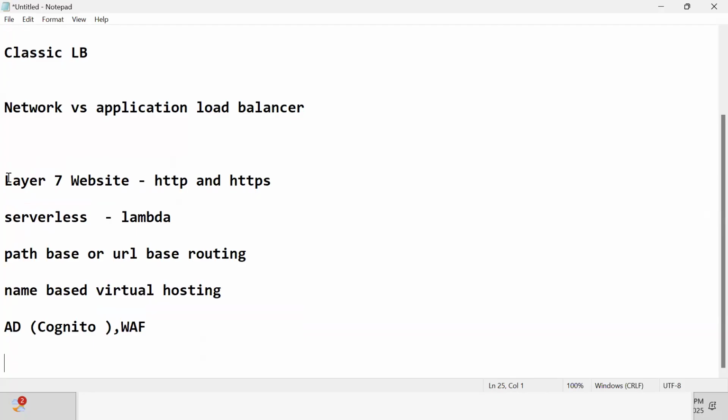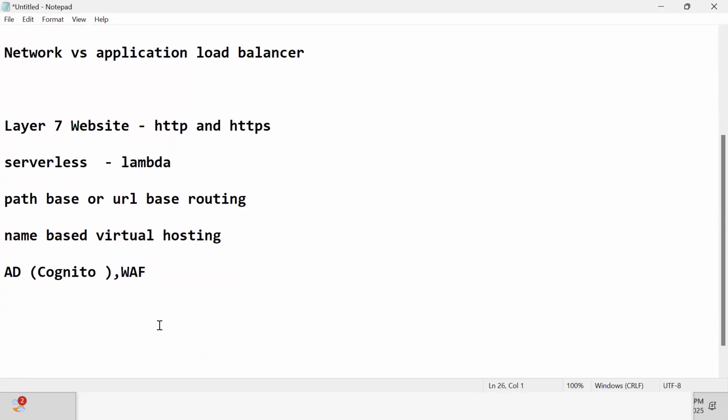What is the concept of path-based routing? I'll give one example. Now my domain is google.com. If my path is google.com/web, I want to redirect to one set of target groups. The domain is the same, but the path is different. If I type google.com/images, I want to redirect to some other set of servers.